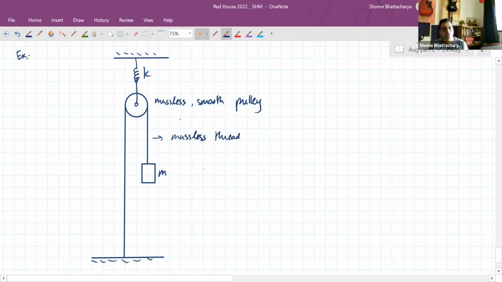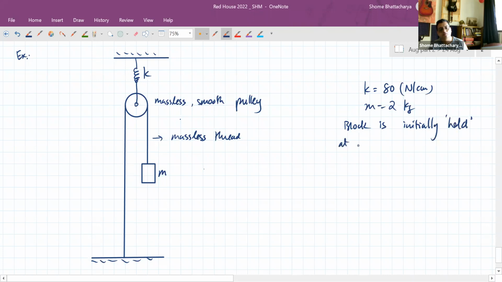Now let's take numerical values also. Spring constant is given to us as 80 newtons per centimeter, and the mass of the block is given to us as 2 kilograms. The block is initially being held at rest such that the spring is relaxed and the thread is taut.